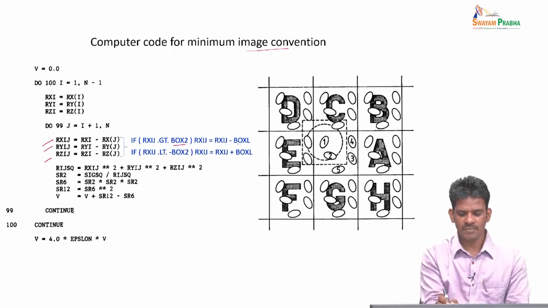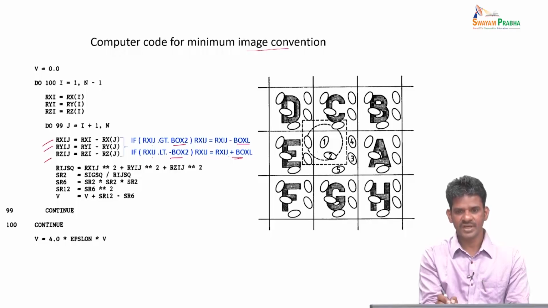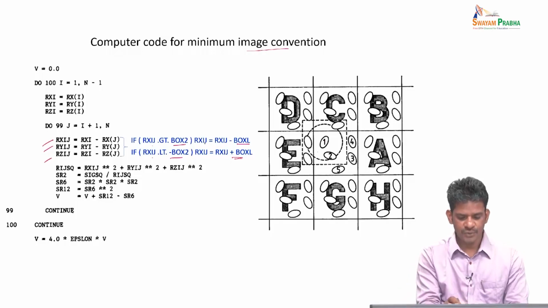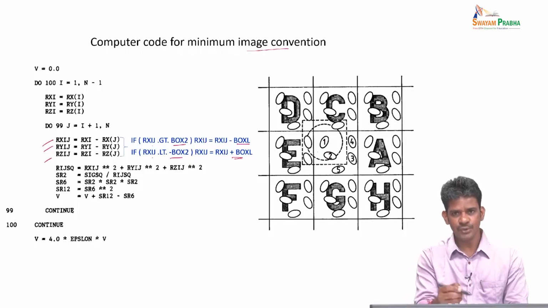If so, you subtract the box length. Similarly, if Rxij is less than minus box/2, then you add the box length. By doing this operation, we can choose the image which is closest to the target molecule. After you do this for Rxij, you similarly do it for Ryij and Rzij also.